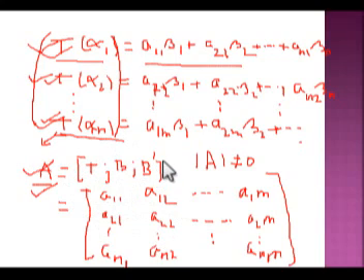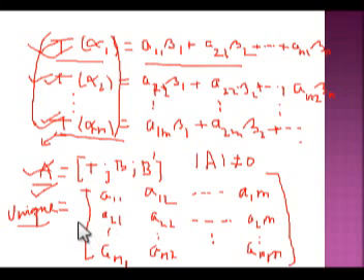Further, one more property: any matrix representation related with a transformation must be unique. You cannot get many matrices, just one unique matrix.